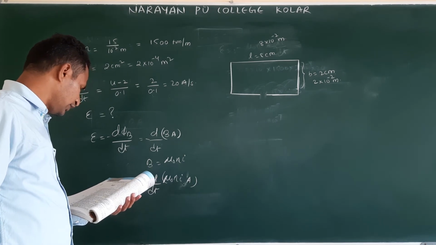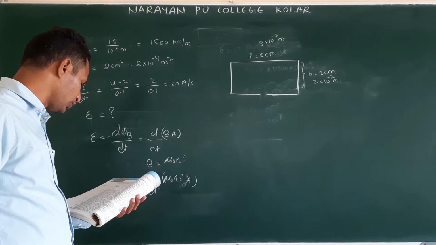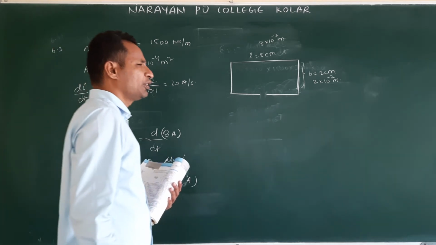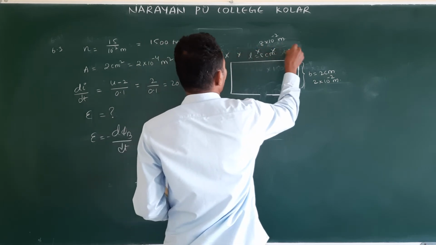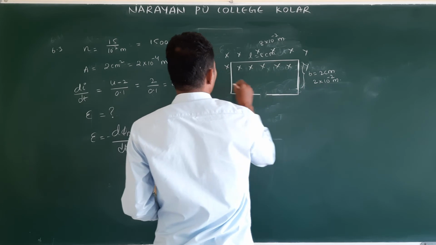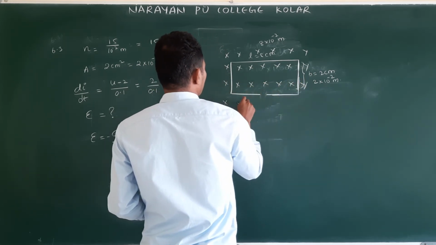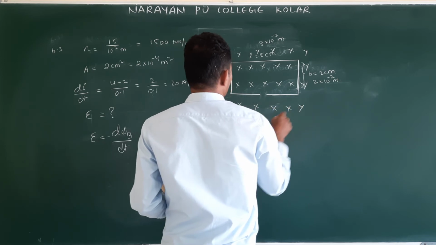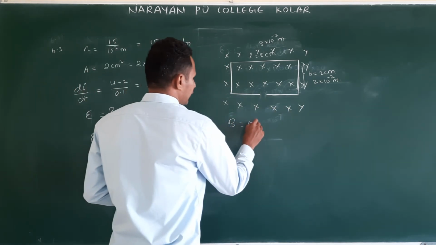It is moving out of the region of uniform magnetic field of 0.3 Tesla, directed normal to the loop. So B is equal to 0.3 Tesla.